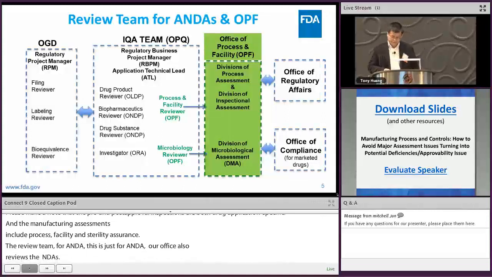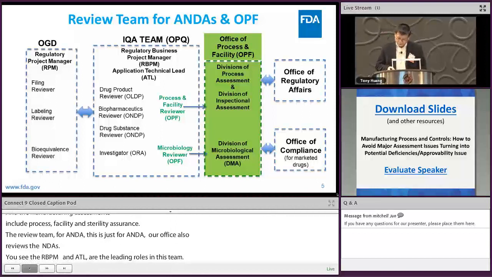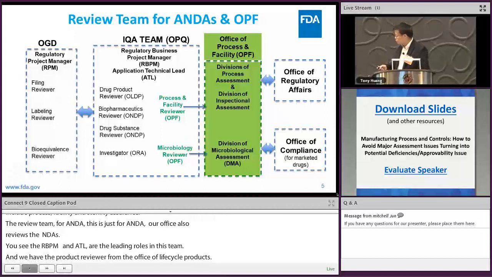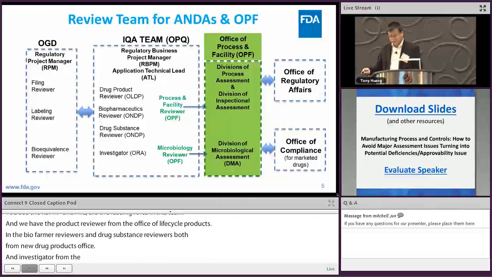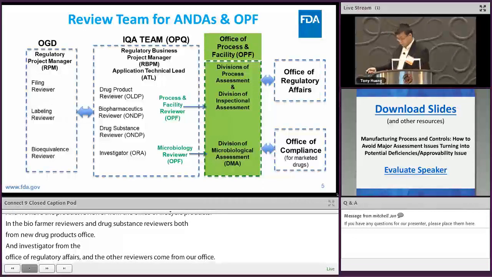And also we have drug product reviewer from Office of Life Cycle Drug Product, and biopharma reviewers and drug substance reviewers, both from new drug product office, and the investigator from Office of Regulatory Affairs, ORA. And the other reviewers come from our office. One would be the process and facility reviewer. And in case we have sterile products, we have a microbiology reviewer from OPF.